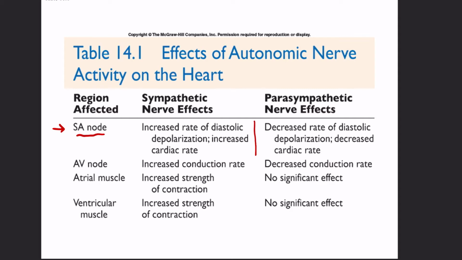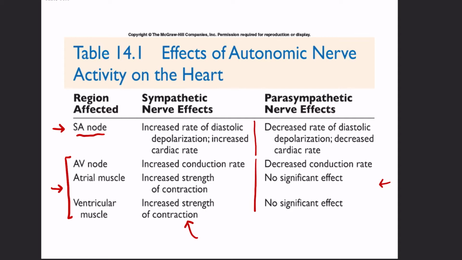Then notice that everywhere else, the sympathetic nervous system, as mapped out here, has innervation, but the parasympathetic does not.